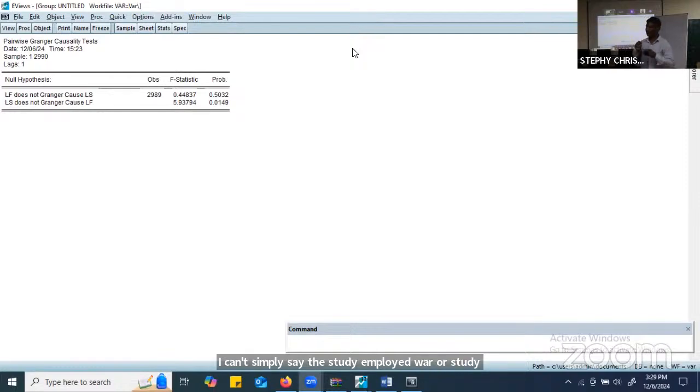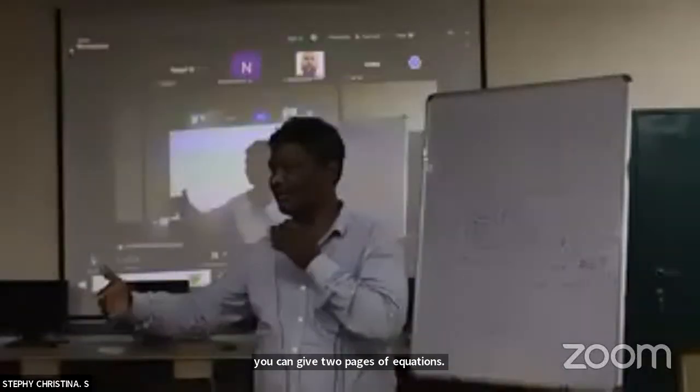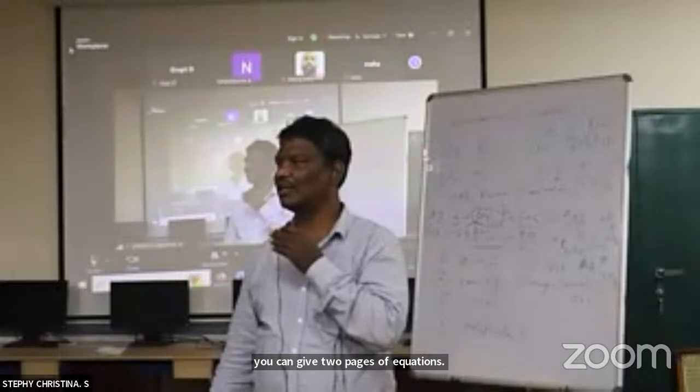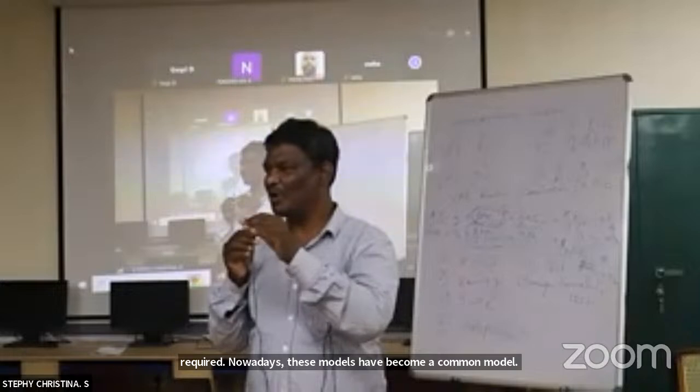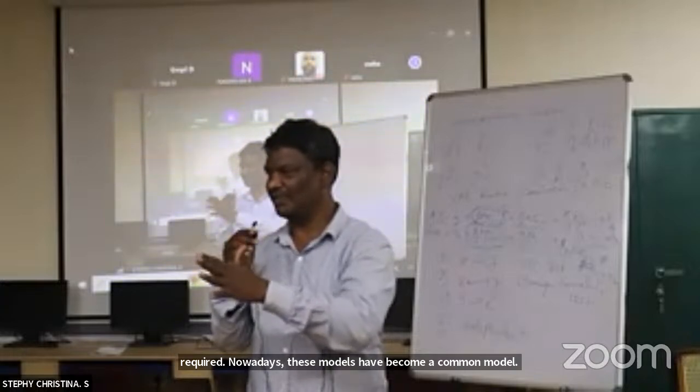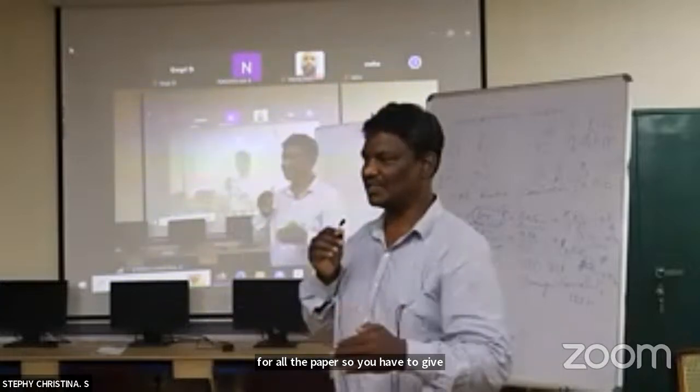You should give at least a simple form of specification, like this. This is a simple form of the VAR model. If you want, you can give two pages of equations with all notations. The derivation part is not required. Nowadays these models have become common in all papers, so give the specification in the simplest way.